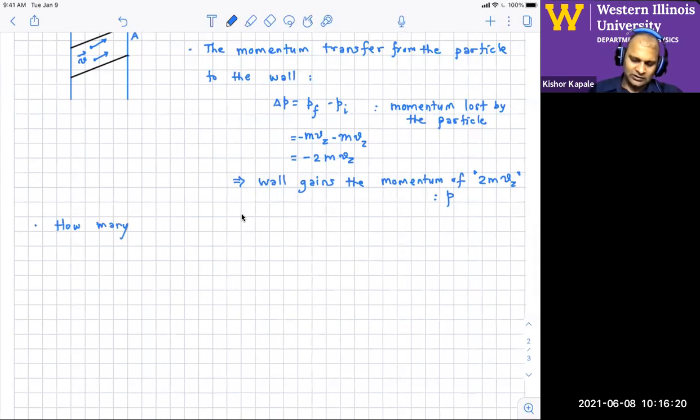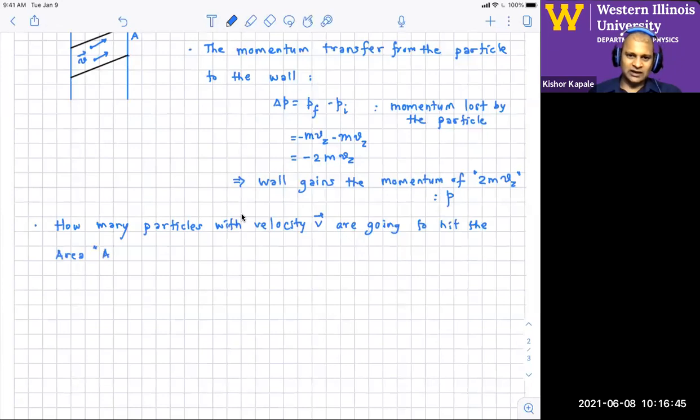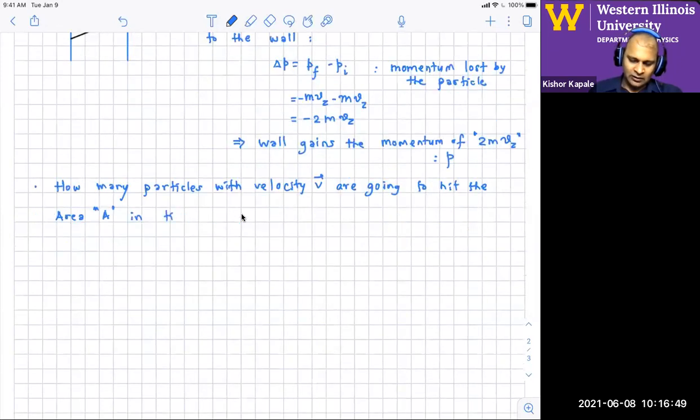How many particles with velocity v are going to hit the wall, hit the area A rather. We don't want all of the particles. We want just the ones that are going to hit the area A in time dt.